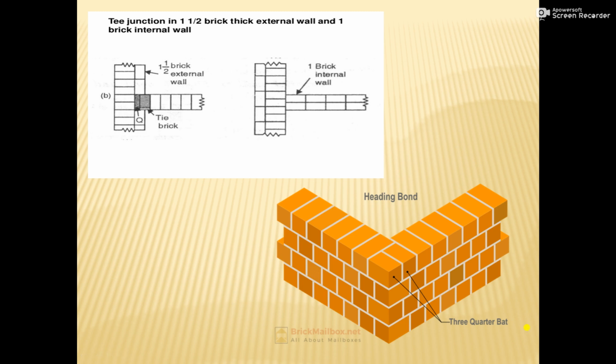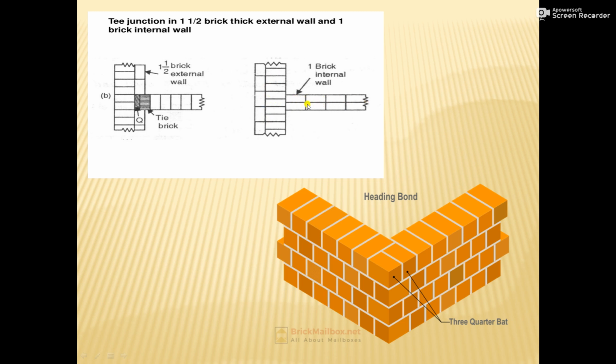These are the pictures of different types of junctions. In this picture we can see the T junction in a 1.5 brick thick external wall and a 1 brick internal wall. This is the external wall having 1.5 brick thickness and this is the internal wall having 1 brick thickness.